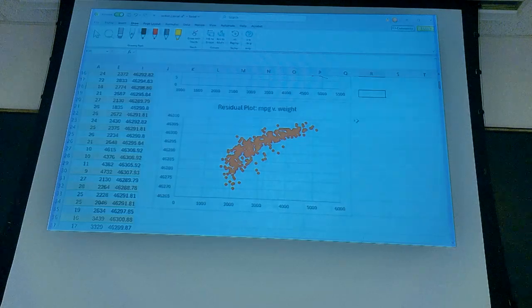So, it's probably a good first approximation, but I would argue I see a pattern in the residuals.